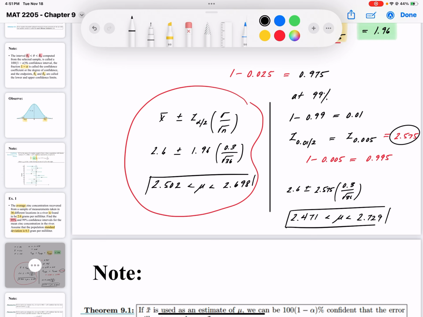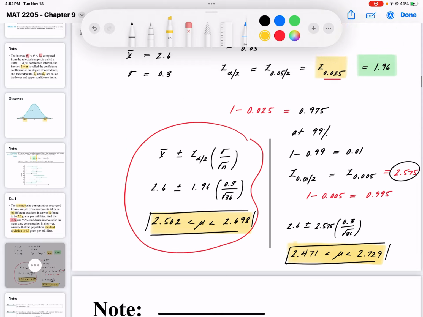So we expect that our sample mean would have sampling error, but we can be 95% sure that whatever the population mean is, it lies between these values. And we can be 99% certain that whatever the population mean is, it lies between these values. Okay, that is the confidence interval we just had.